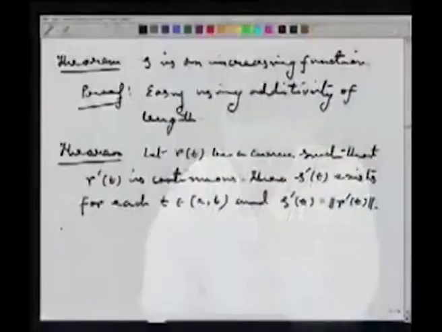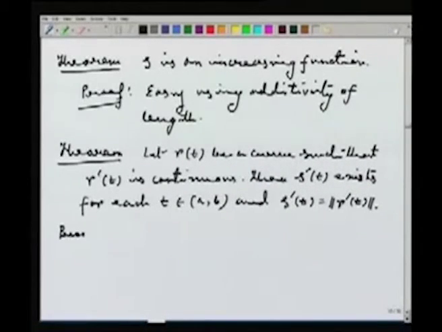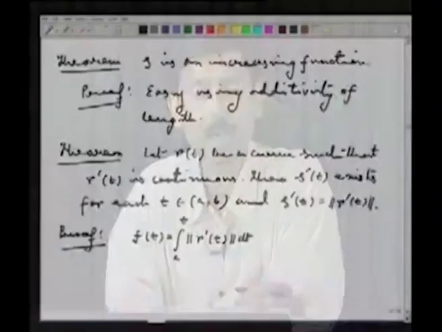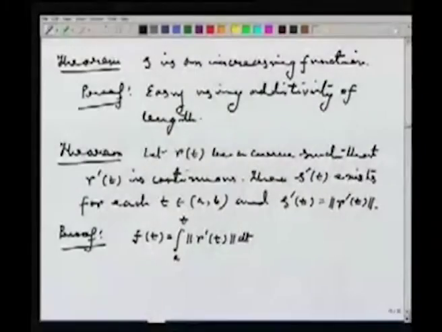Okay, so let's try to prove this result. What I do is, first I define f(t) equals the integral from a to t of norm r prime t dt. Notice that this function f is well defined because r prime by my assumption is a continuous function. If I take the norm of that as a function of t, it is still continuous, hence remains integrable, so the function f(t) would make sense.